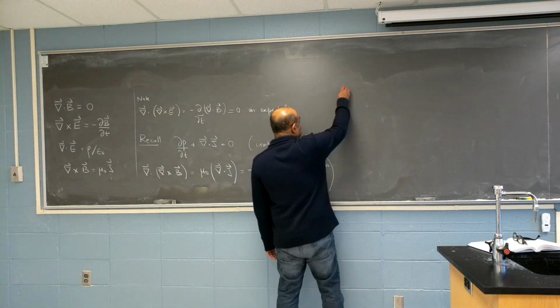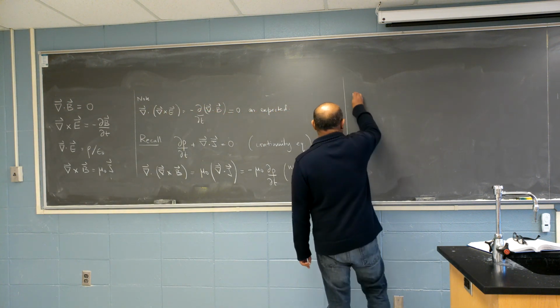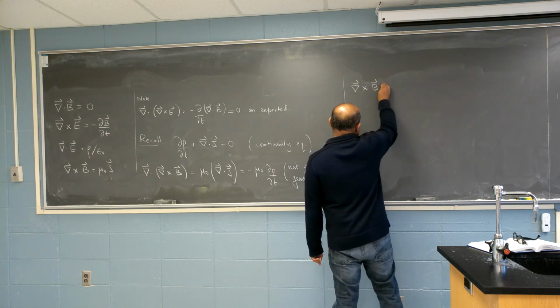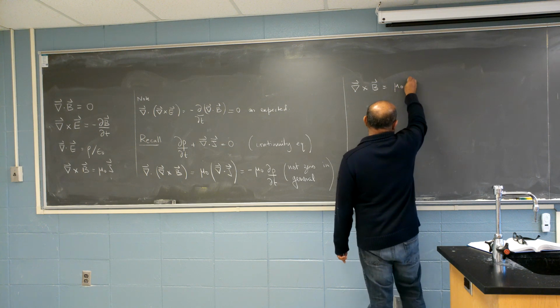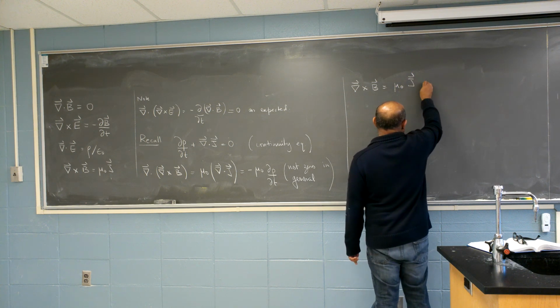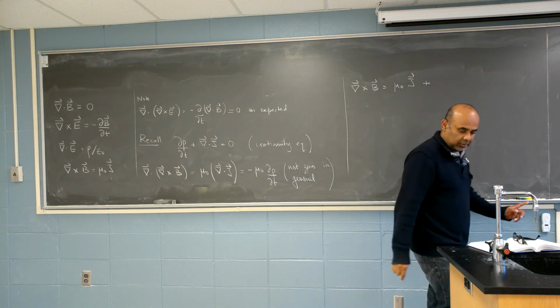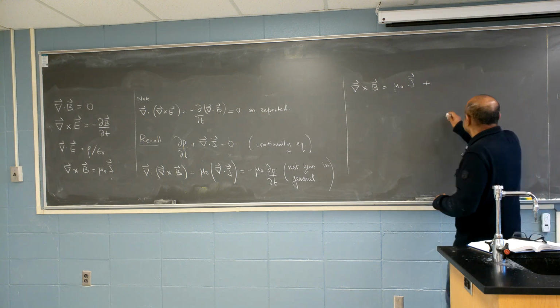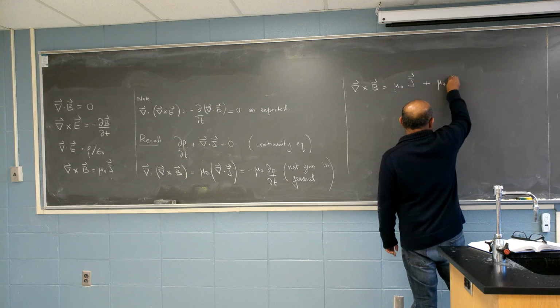I can make everything consistent. So what I'm going to do is I'm going to do this. B equals mu 0 J plus, well, I don't know if you wanted mu 0 separate. It looks like you would want mu 0 separately. I hope this is correct.